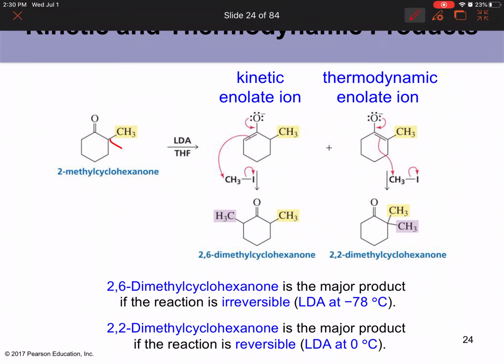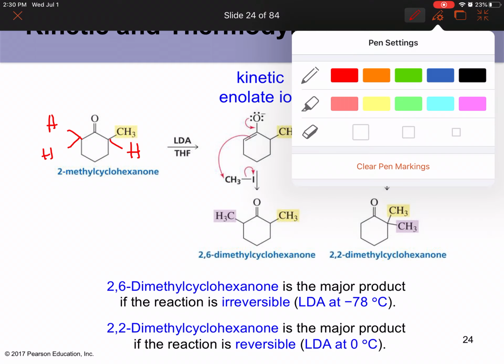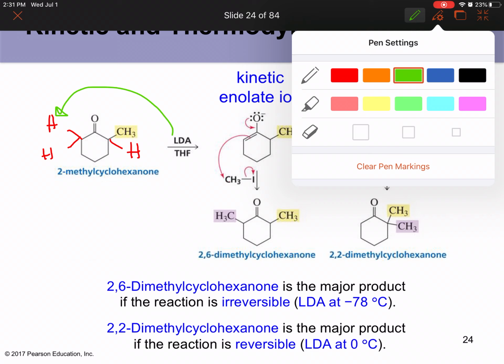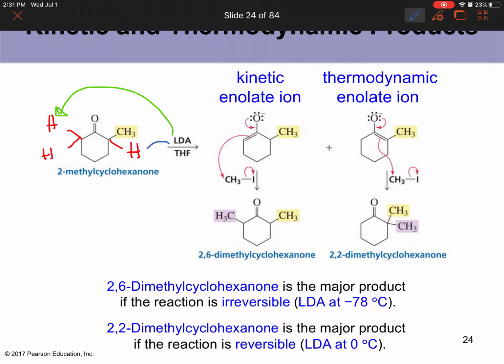This is one alpha hydrogen and there are two alpha hydrogens over here. So when we add LDA, LDA can either grab this hydrogen or take this hydrogen. There are two alpha hydrogens, correct?